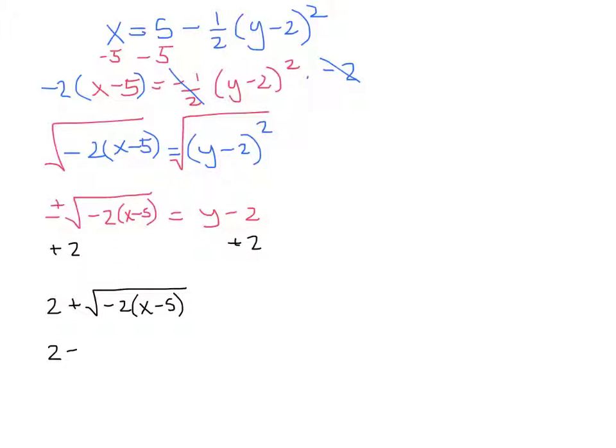And I have 2 minus the square root of negative 2 times x minus 5. I can put one of them into y1 and the other one into y2. And when I look at the graph, it should look just like the graph on your notes packet. So confirm that, and that is how we isolate y in a situation like this.